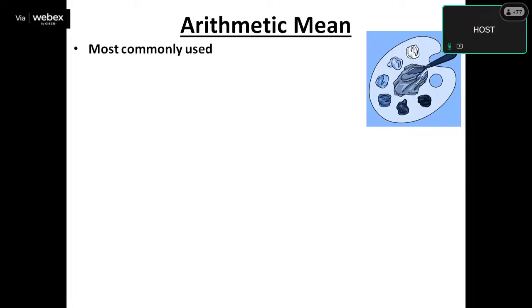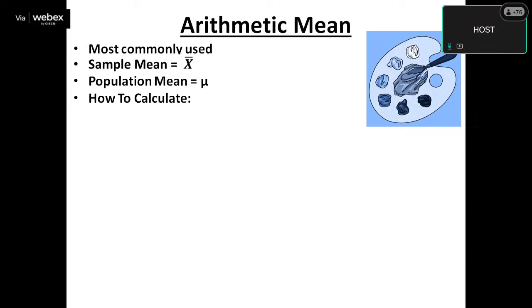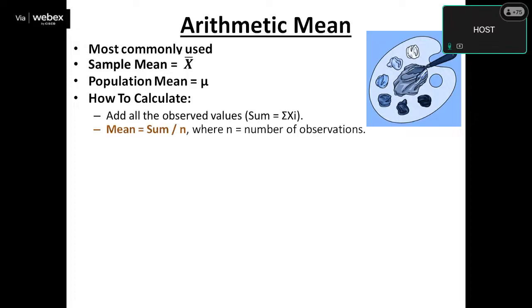The arithmetic mean is the most commonly used in every data. The sample mean is denoted by x bar and the population mean is denoted by mu. Now let us see how we calculate it. We sum up all the observed values, and then divide that sum by the number of observations to get the mean value.